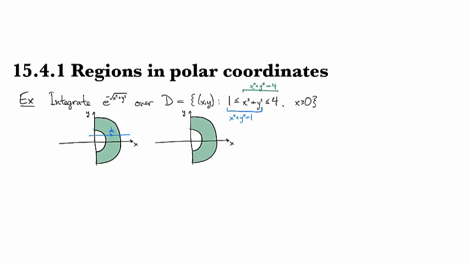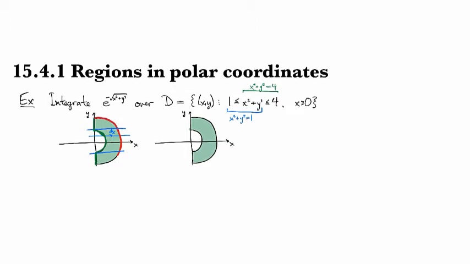Then we're starting on this smaller circle and going out until we hit this outer circle, except if we're sufficiently high or sufficiently low, in which case we start on the left with a vertical line and end on the right with that outer circle. So we would have 3 elementary regions: one up here, one down below, and a purple one in between that goes from circle to circle.